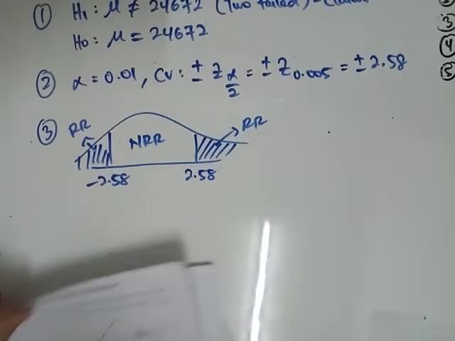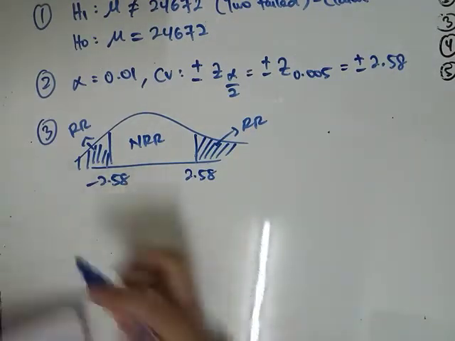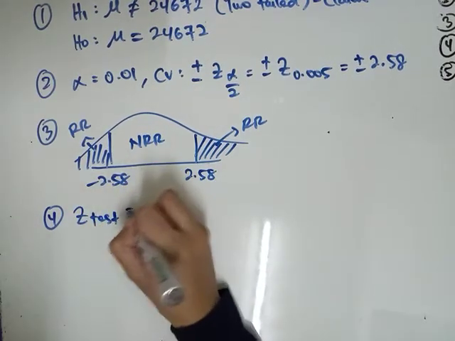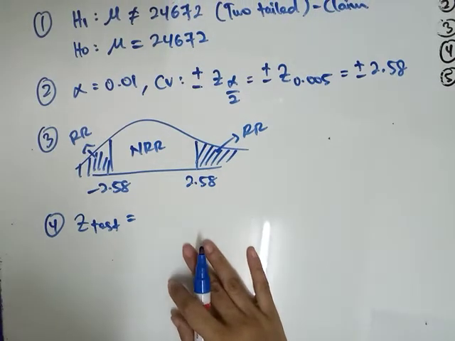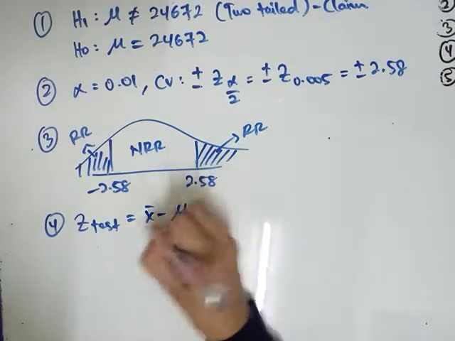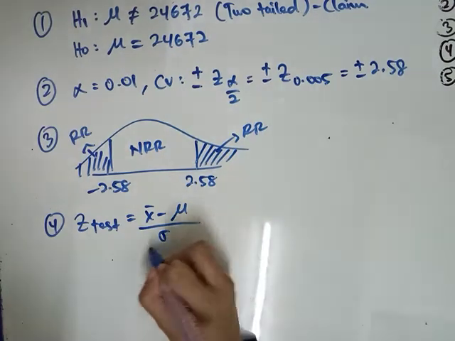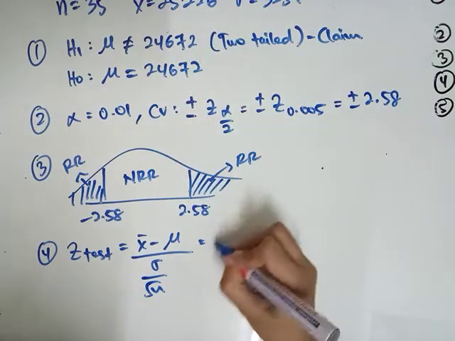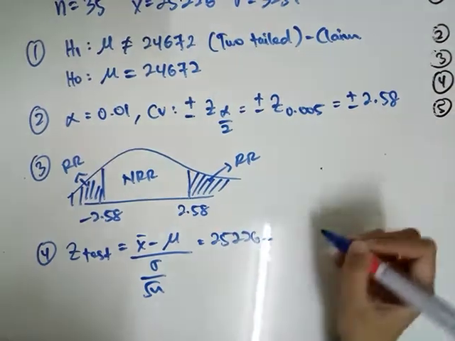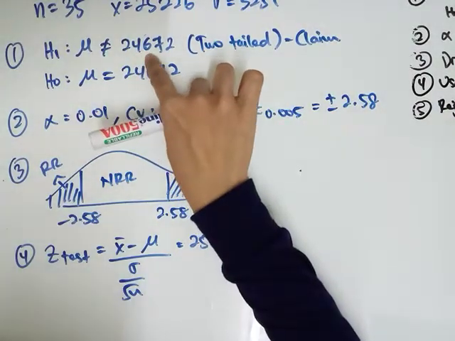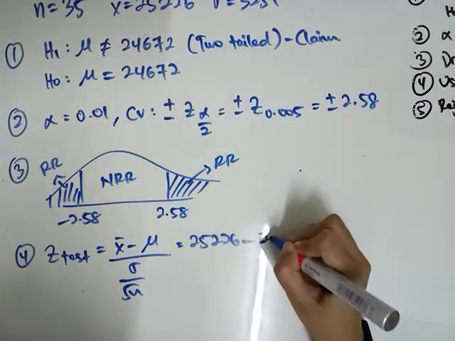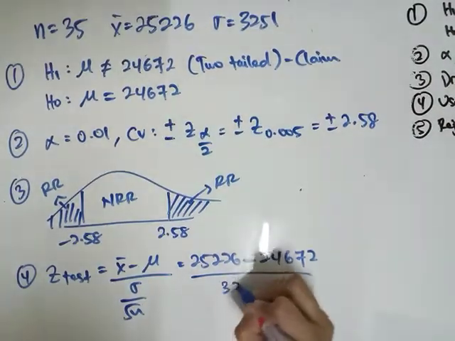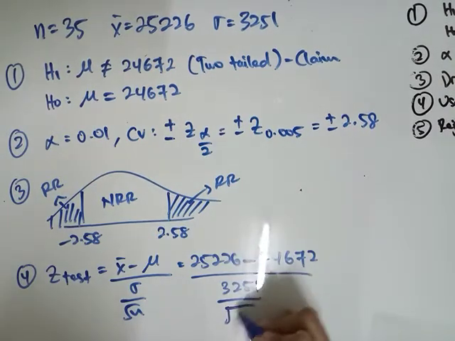Okay, and then use the Z-test formula, because the sample size is bigger, more than or equal to 30. So sample mean minus population mean, divided by population standard deviation over square root of sample size. We know that the sample mean is 25226 minus the population mean, this one 24672, divided by the standard deviation 3251 over square root 35.